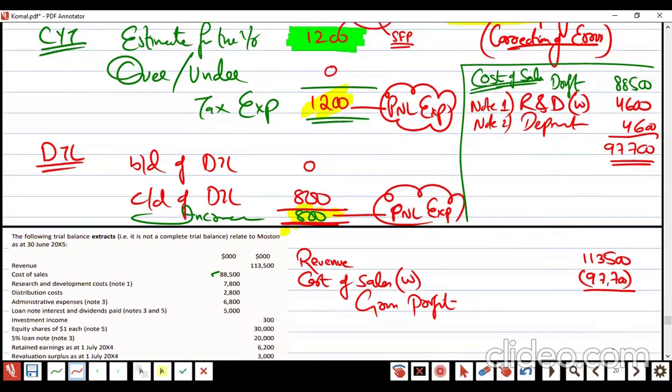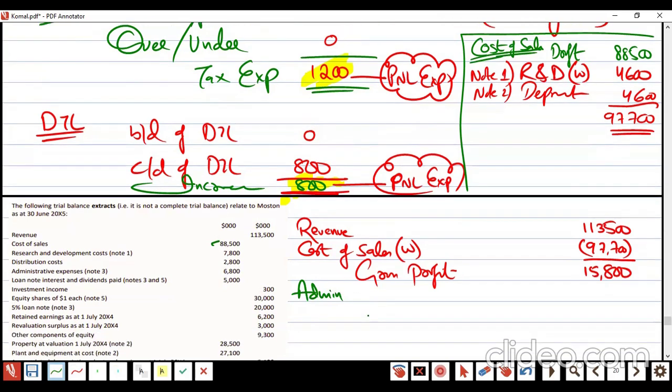And the gross profit 15,800. As per the format, admin cost will come first or distribution is first. We will better write the distribution cost first and then the admin expenses. Okay. Distribution cost, how much?